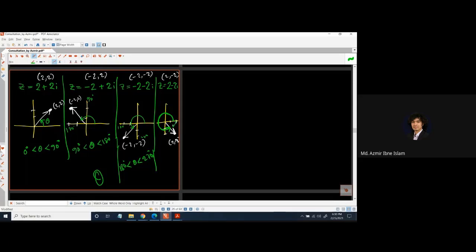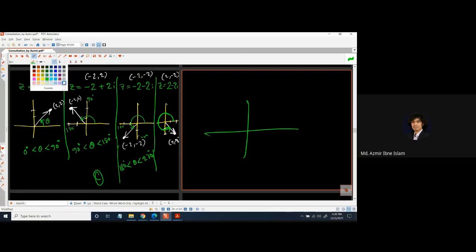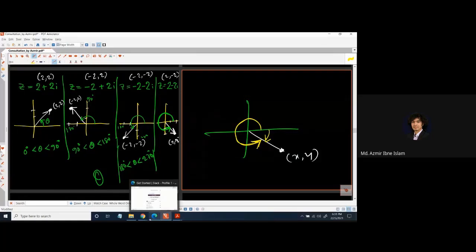We can also come from negative. Since we are beginners, we will always try to think about the argument. Let's say we have a point here that is in the fourth quadrant. The argument will always be directed from the positive x-axis to this one. Sometimes we use these directions also. So both directions are applicable.